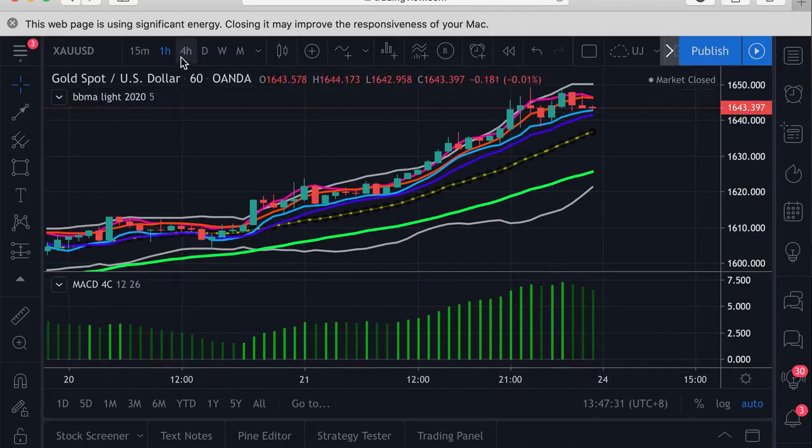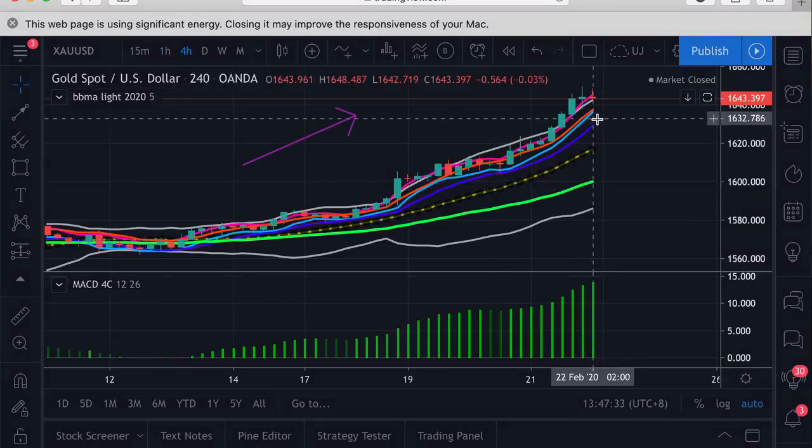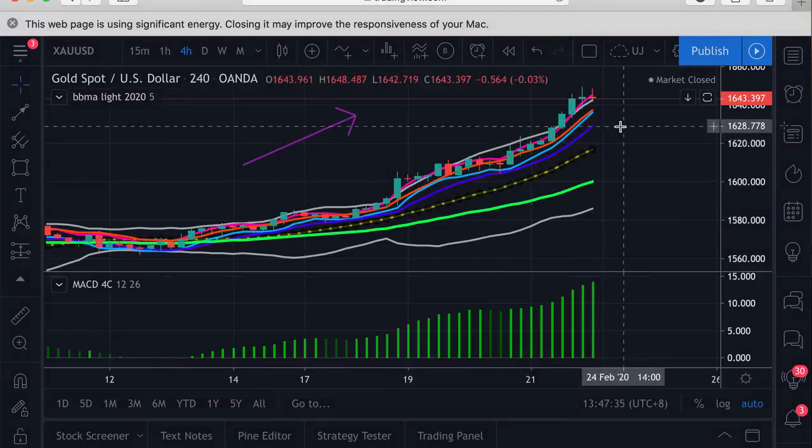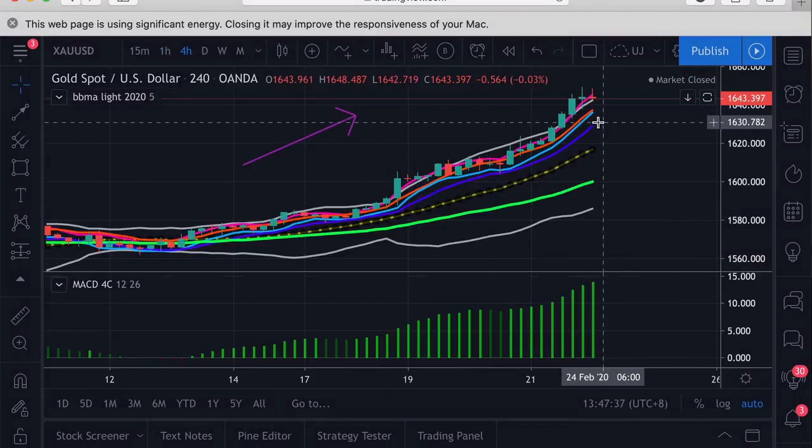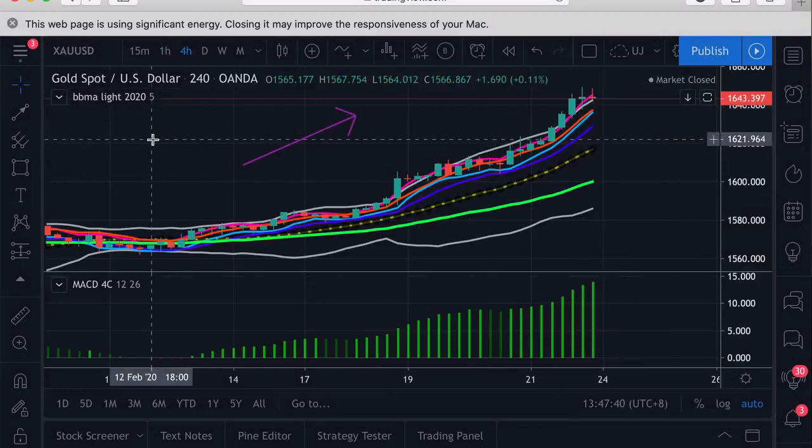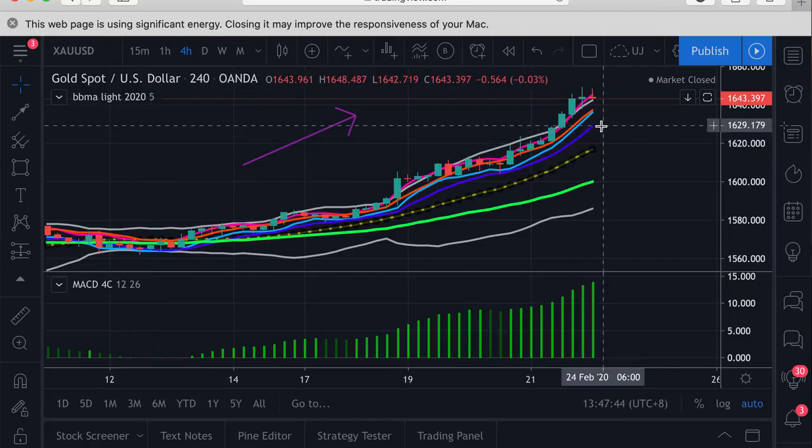So we seek to have entry when the price retests the MA510 high, MA510 low. So this is our bias for gold, and this also correlates with our DXY analysis. If DXY is weak, that means gold is strong.